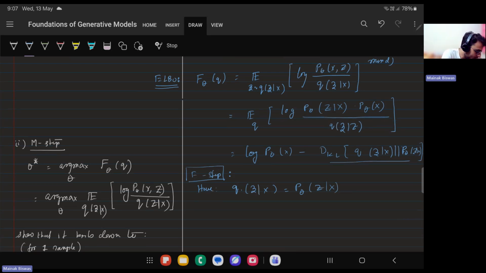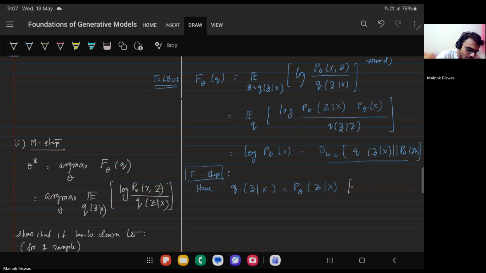And here we can find the exact form, exact values. Let's see how.